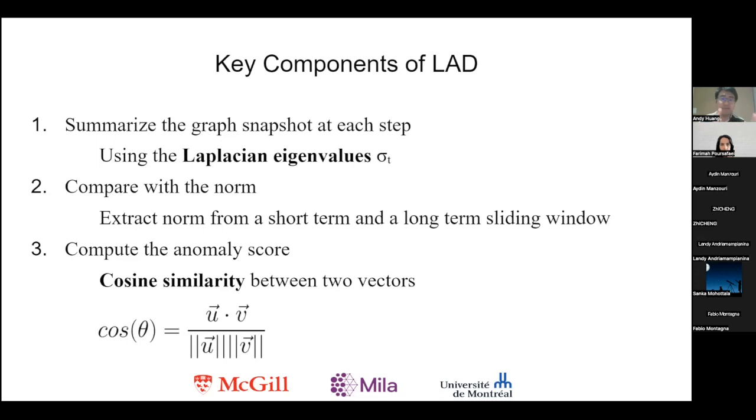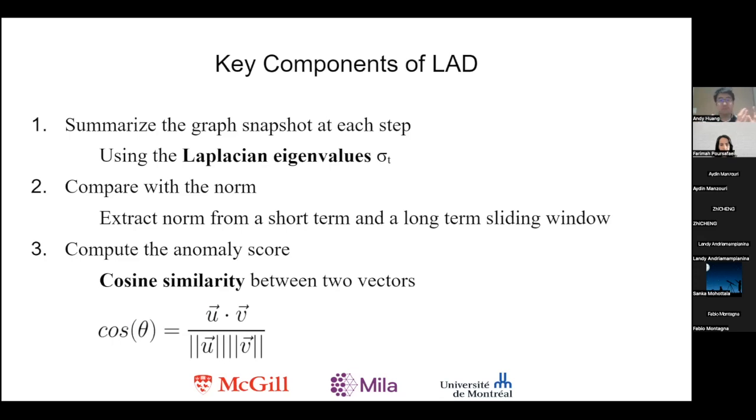So we want to first embed each graph into a graph embedding. And in this work, we propose to use the Laplacian eigenvalues, which is motivated by spectral graph theory. And I will talk about that in more detail.